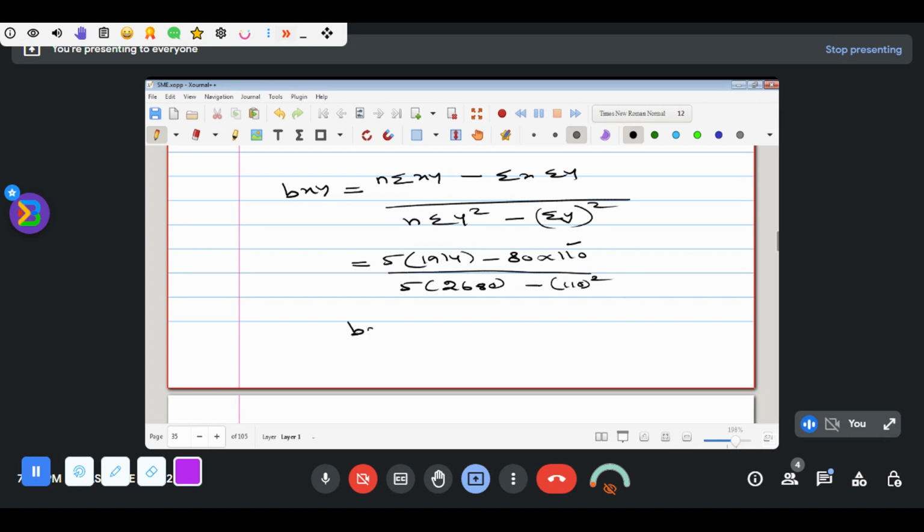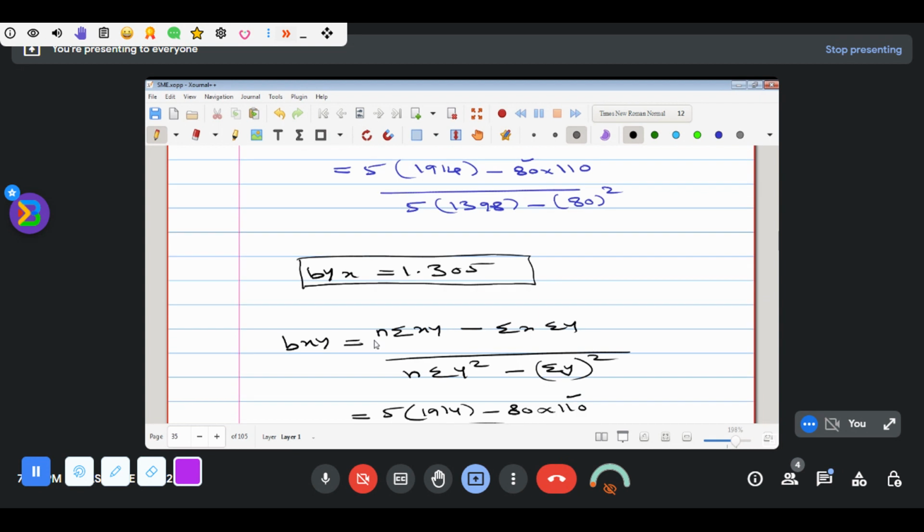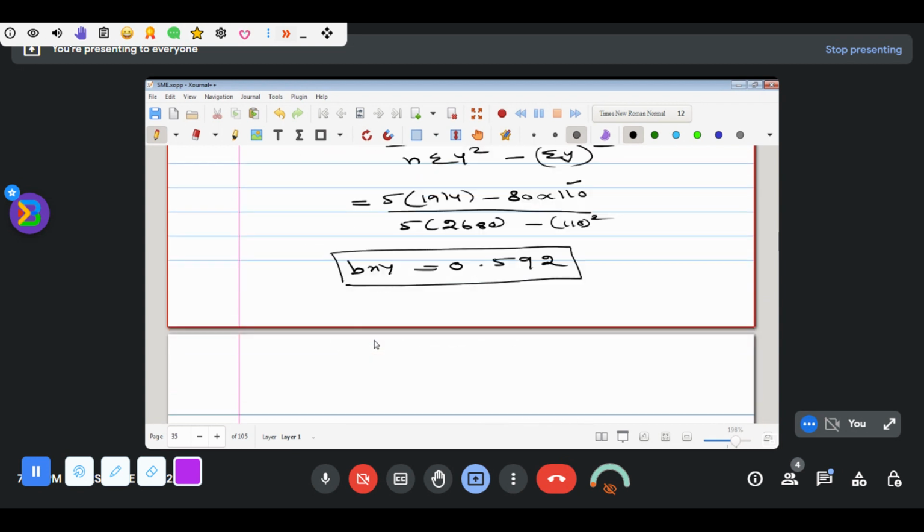Simplifying this bxy using a scientific calculator, the end result is 0.592. Please check this result using a calculator. Therefore, byx done and bxy done.